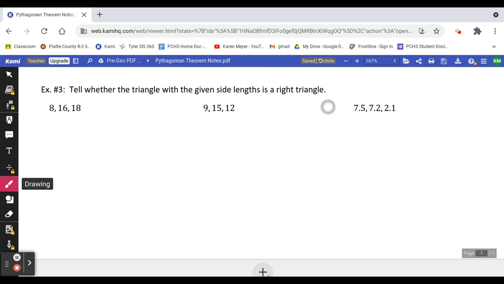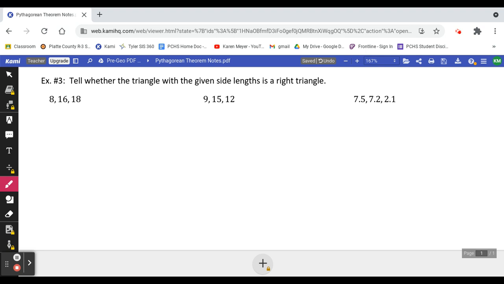Okay, the last example. This one, you're going to be given 3 different values for the sides, and your job is to figure out, will these 3 sides form a right triangle, yes or no? To form a right triangle, the Pythagorean theorem must be true. Okay, so A squared plus B squared must equal C squared.